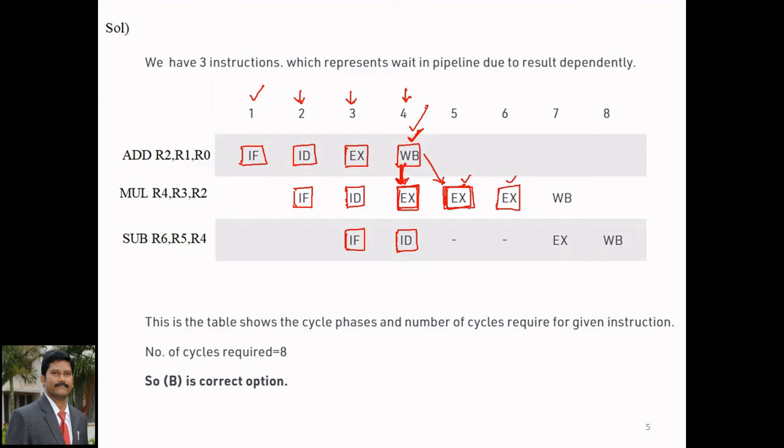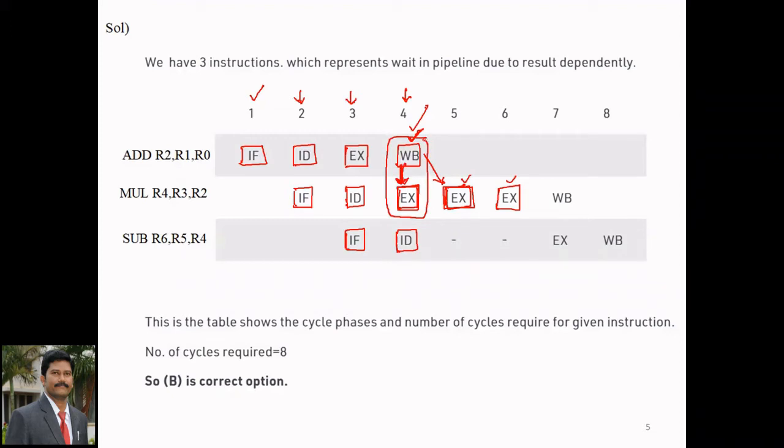No need to wait until the WB write back unit is completed. Directly the data is available after execution, that is taken directly from WB to the execution unit of the next multiply instruction, because R2 is available here directly. This is called operand forwarding.